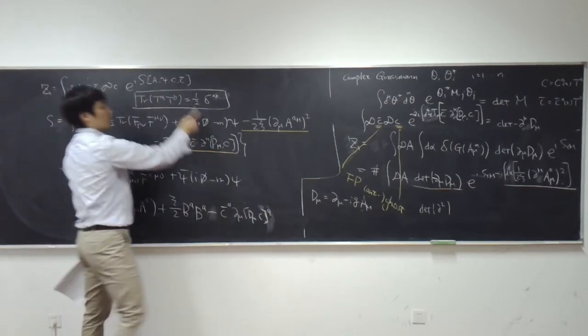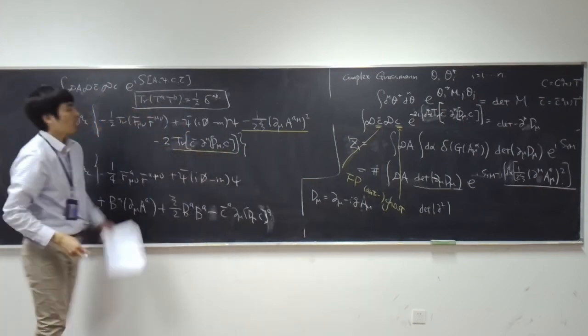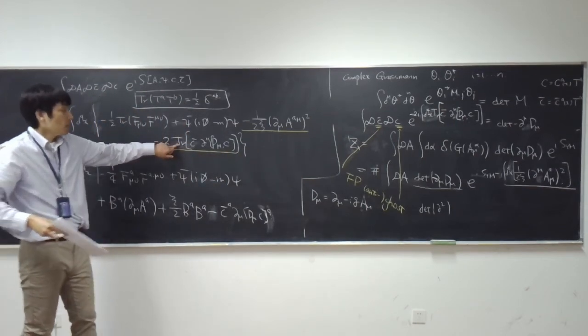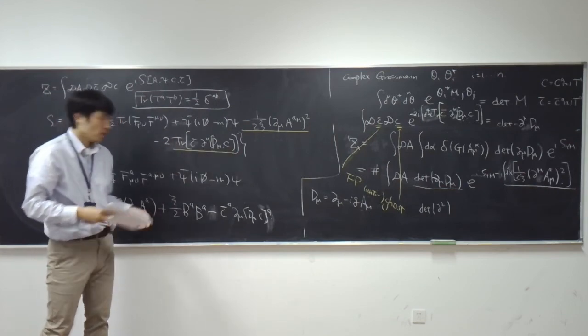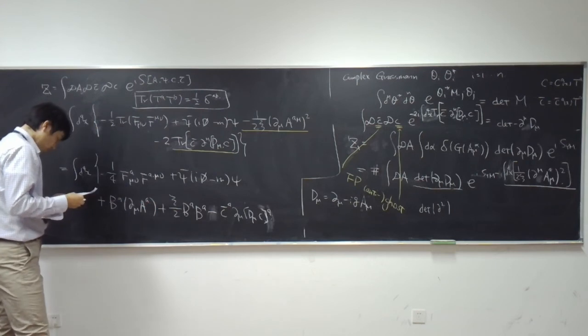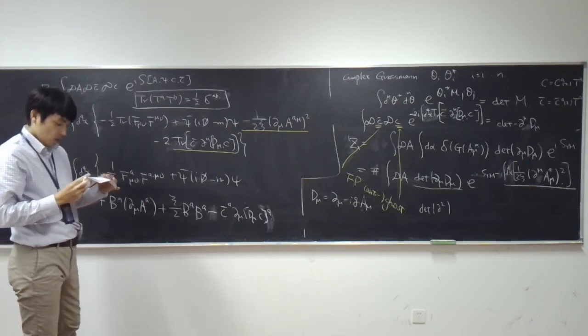So 1/2 cancels with this 2 here. I missed the trace here, sorry. This is Lie algebra valued, and this is Lie algebra valued, so you need the trace.